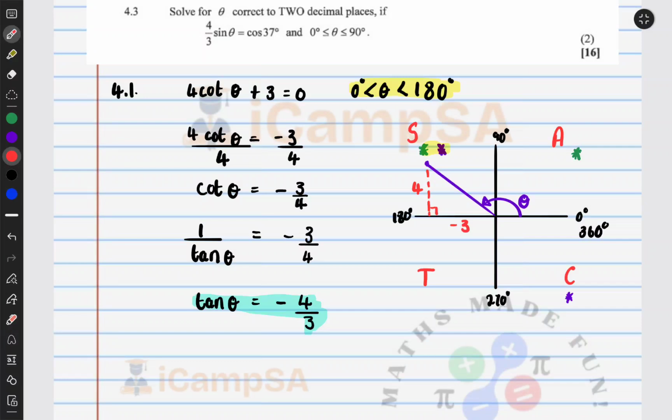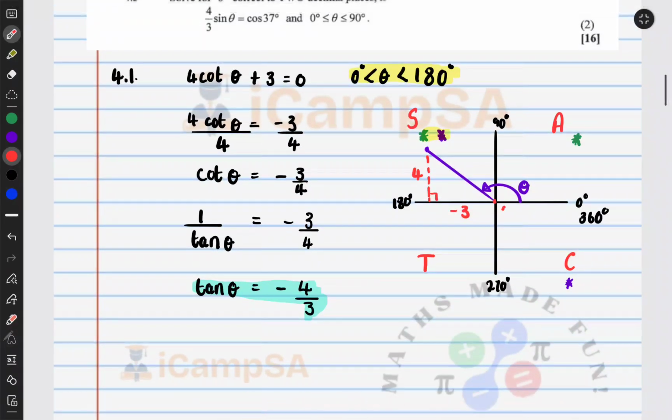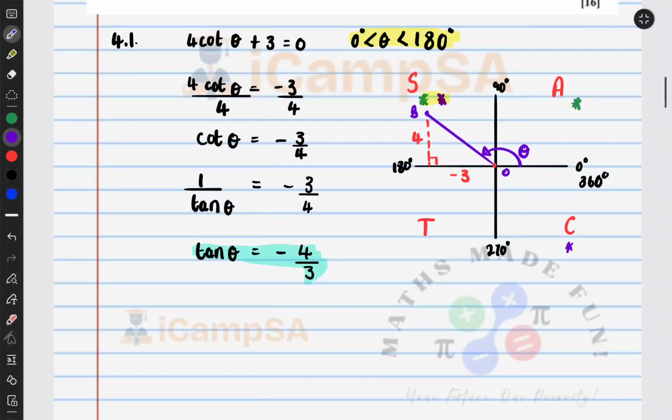And now we have another unknown, which is the length of the terminal arm, from the origin there. Let's call that line OP. OP would give us the length of the terminal arm. When you look at that right triangle we have just constructed, we have the adjacent and the opposite side, and then we have the unknown side.